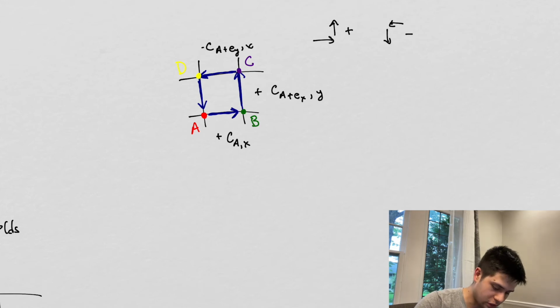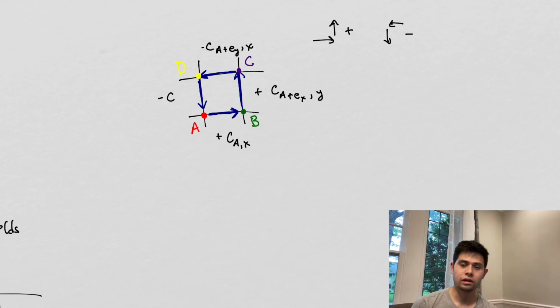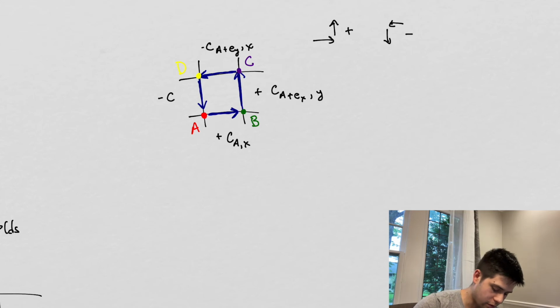So this is going to be a change in our x component. And then when we're coming back down from D to A, this is a change in our component again, as we go from A, we're changing in Y, right?